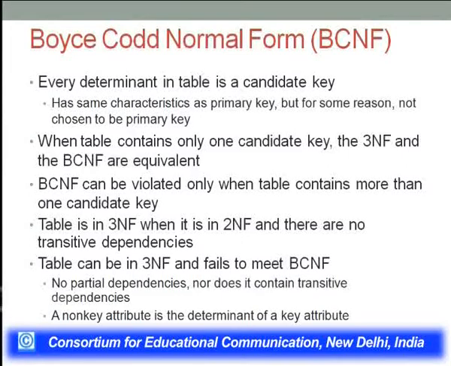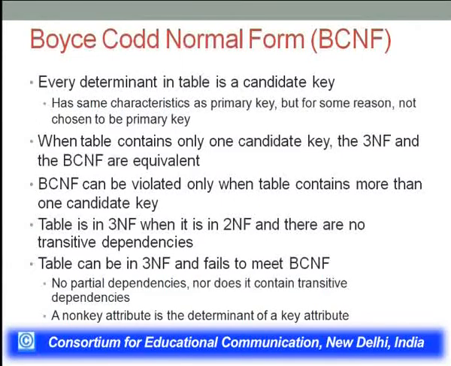In earlier lectures we have also clarified the difference between a candidate key and a primary key. A primary key is one of the candidate keys which is chosen to be the primary key. The candidate keys are all eligible to be the primary key because they all qualify the conditions of uniqueness and not null. When a table contains only one candidate key, the third normal form and Boyce-Codd normal form are the same. This is an important point.